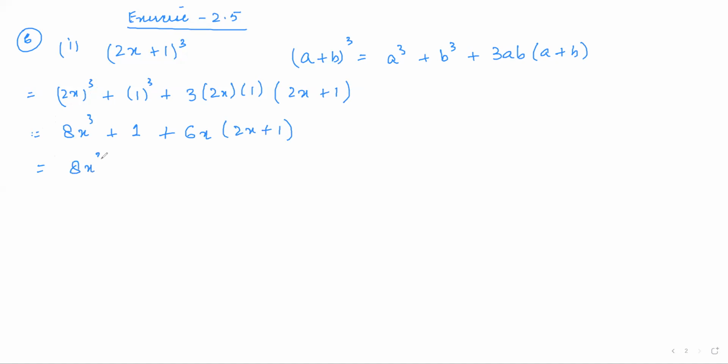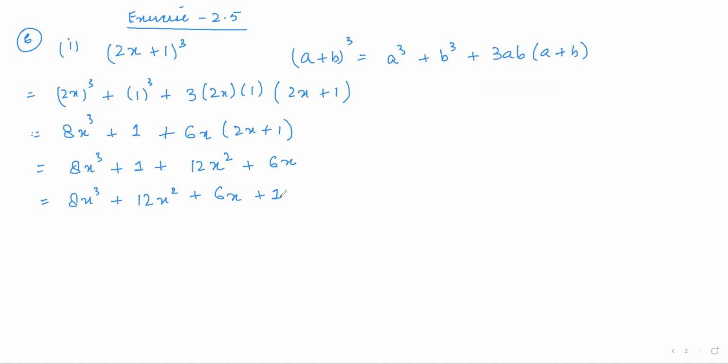So 8x cube plus 1 plus. Now 6 into 2 is 12 and x into x, x square, then plus 6x, right? So you can write the terms in descending power of x if you wish. So 8x cube plus 12x square plus 6x plus 1. This is how we expand it.